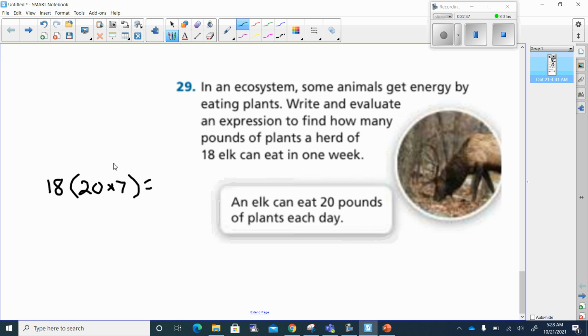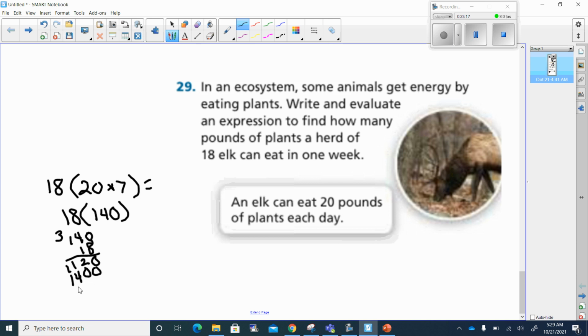So let's see, 20 times 7, well, 2 times 7 is 14, so 20 times 7 is 140. Well, now we have 140 times 18. Well, that's going to give us 0. That'll give us 32. That's 8, 9, 10, 11. And then we have 140 that's going to go here because anything multiplied by 1 is itself.